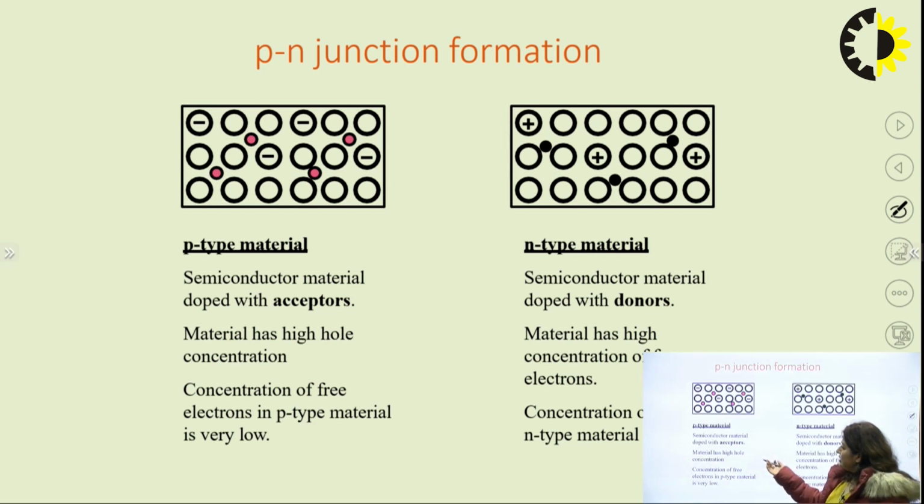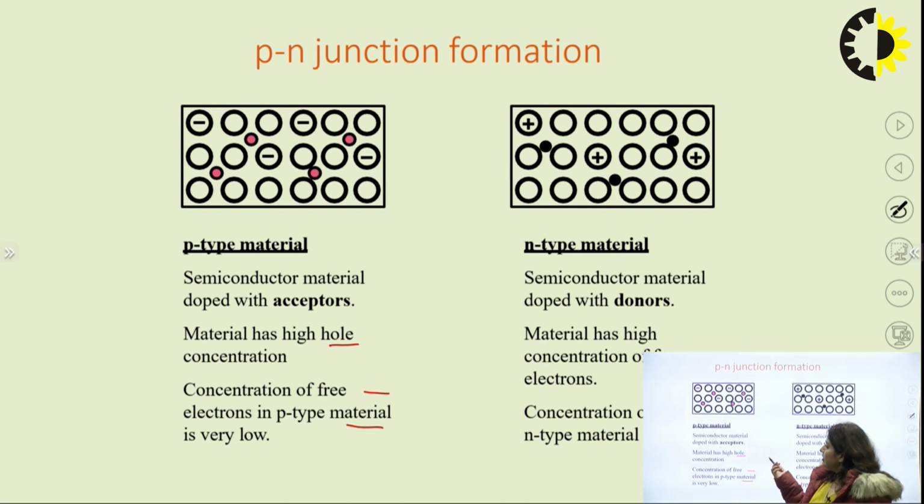So the material has high hole concentration. We can see from the second point here, the concentration of free electrons in P type material is very low. So the majority carriers are holes, and minority carriers are basically electrons.